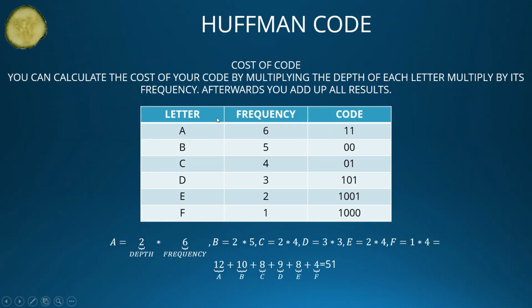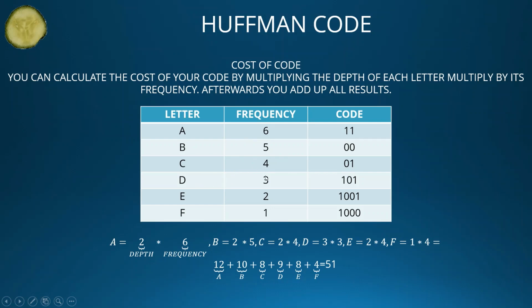Cost of code. You can calculate the cost of your code by multiplying the depth of each letter by its frequency. Afterwards, you add up all the results. So A, its frequency is 6, the code is 1, 1 and the depth is 2. B, its frequency is 5 and the depth is 2 as well. And C, the depth is 2 as well and the frequency is 4.